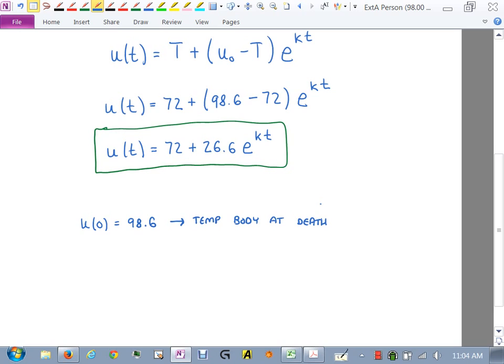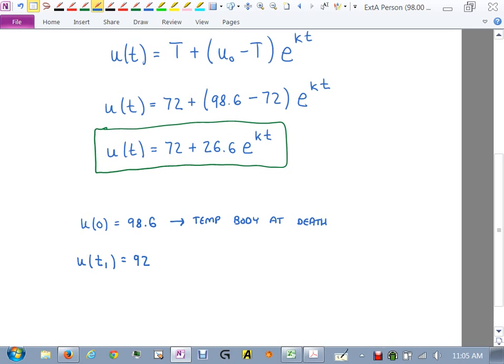But I know the temperature was what when we walked in? 92 degrees, right? So here's what I know from that. u of some point in time, which I'm going to call T1, is 92 degrees. Do you all agree?